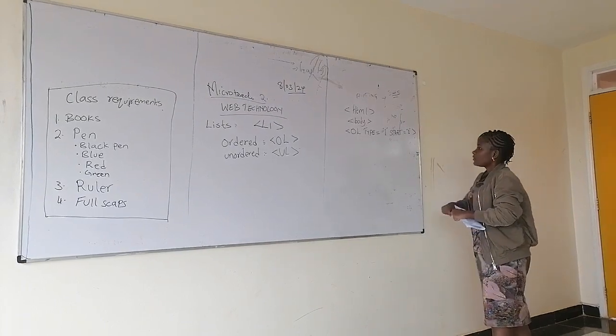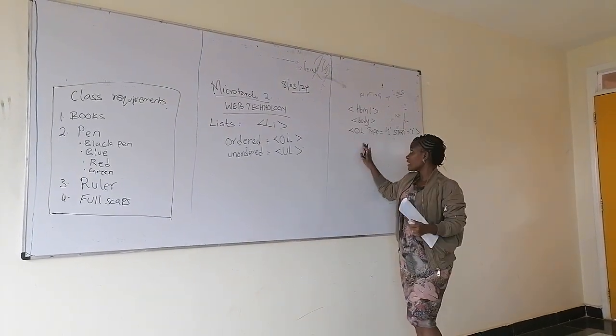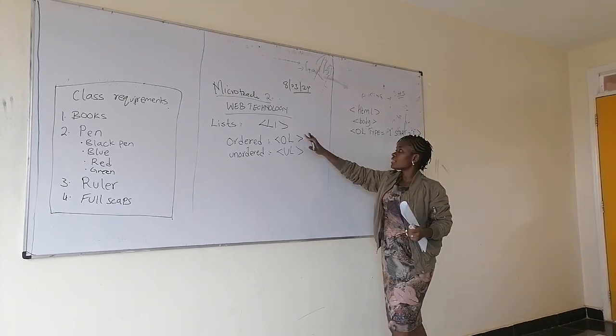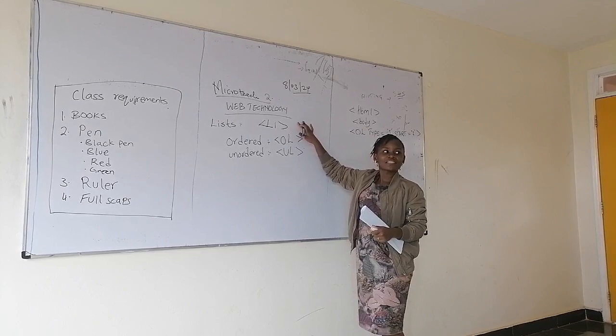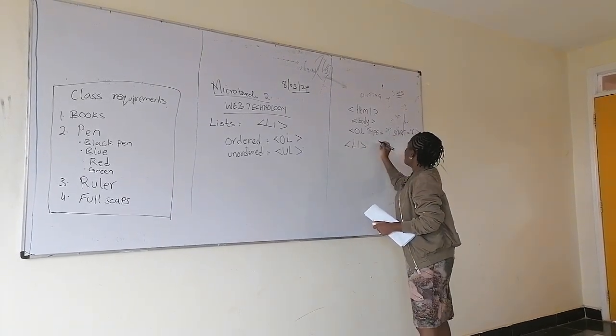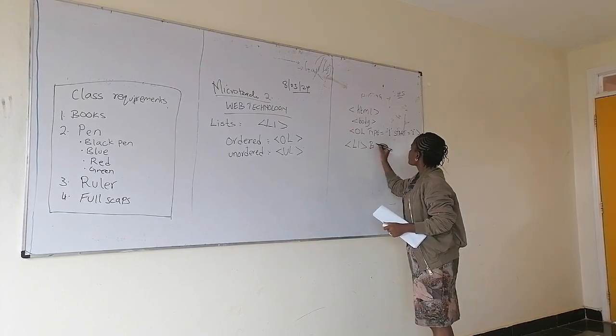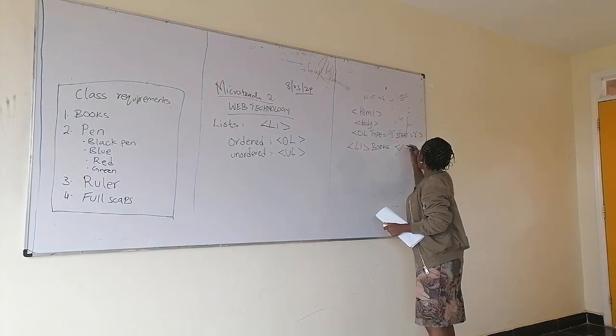Okay. So we go to books. When writing after here, you have to start with li so that the compiler will know that it is a list item, right? So you say li, then books, and you close the tag.